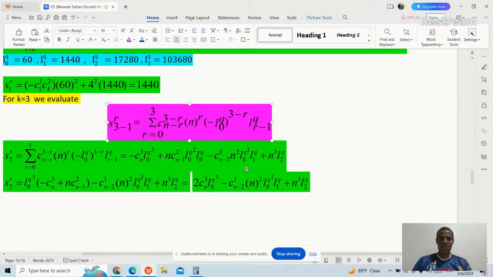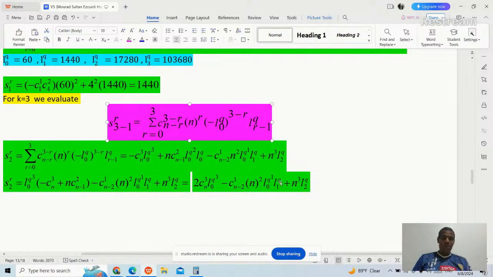The rest of the values will be written as it is, no change. Okay, so the formula of S2 is 2 combination n choose 3 and Δ0 for q raised to the power 3 minus combination n minus 2 choose 1 n squared and Δ0 for q raised to the power 1 times Δ1 for the q plus n cubed Δ2.